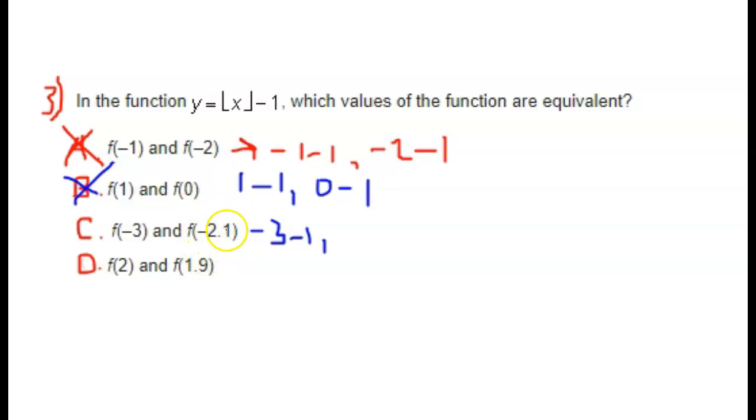So negative 2.1, on that number line, would be somewhere between negative 2 and negative 3. Let's say it's just here. If I have to round down to an integer that's no greater than negative 2.1, I have to go this way. So the greatest integer of negative 2.1 is negative 3.